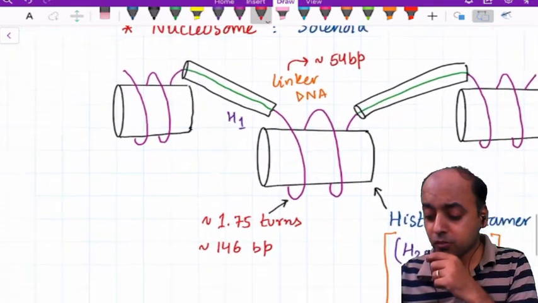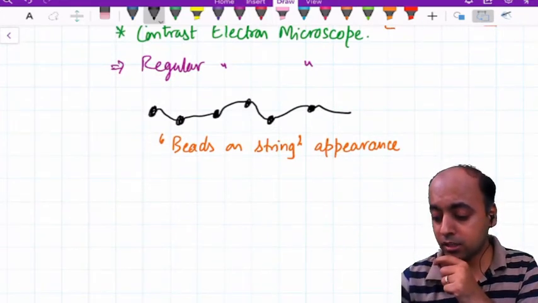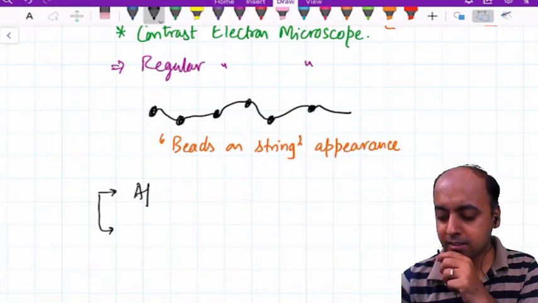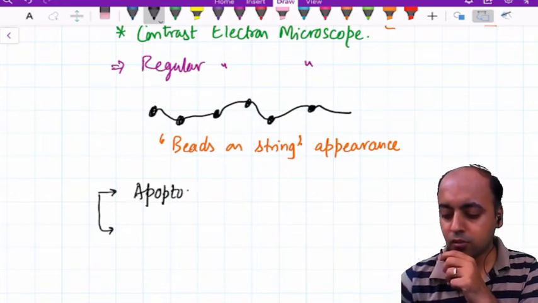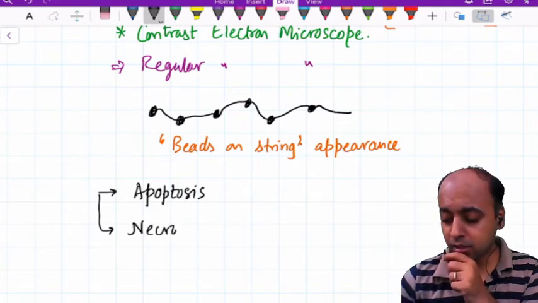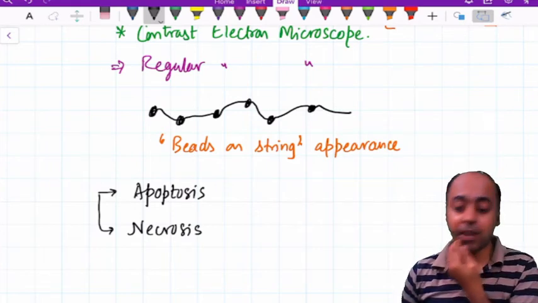So see what happens when cell damage or cell death occurs. It can occur in two ways. There can be planned cell death, we call it apoptosis. There can be unplanned cell death, we call it necrosis. So we have apoptosis and necrosis, the planned and the unplanned cell death.